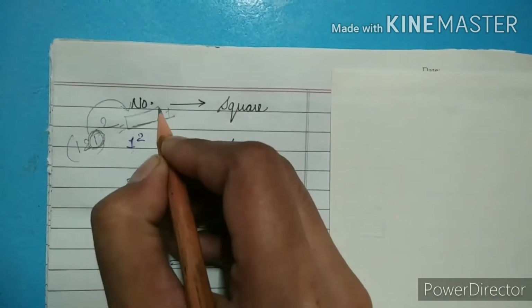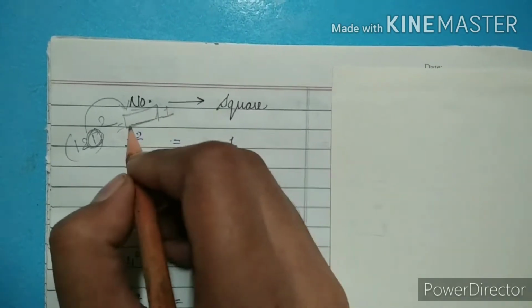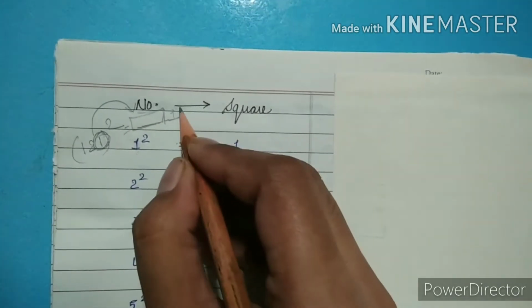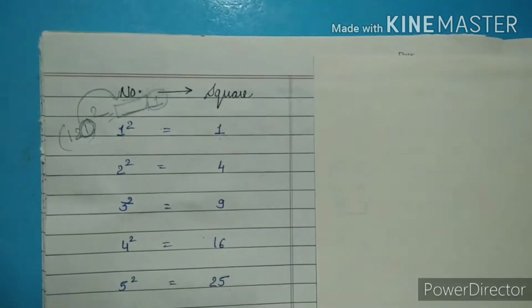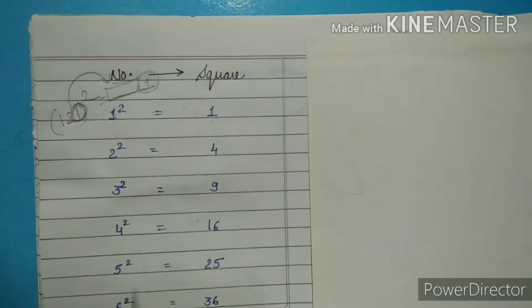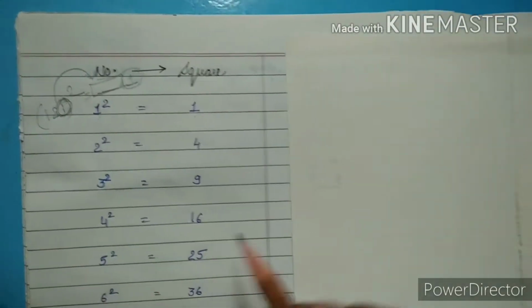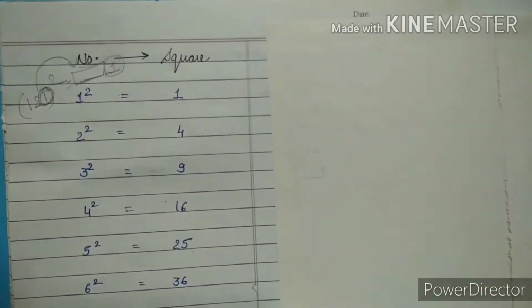We don't know the tens and hundreds terms of the number, but we know the unit place. So whatever number's square is being taken, by the unit digit we can easily find the unit digit of the answer.